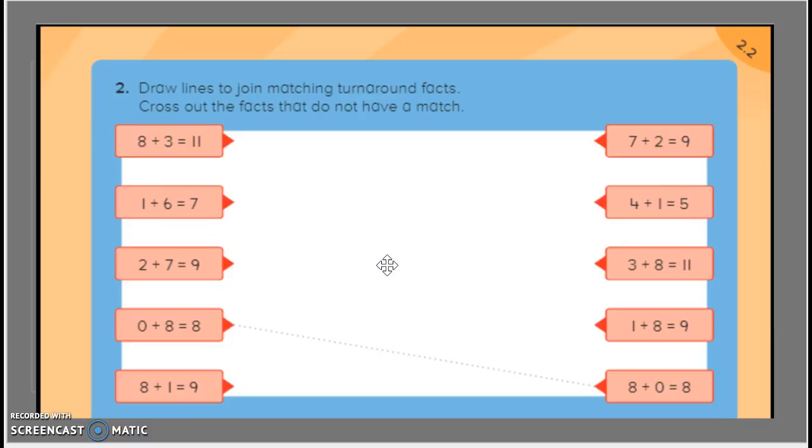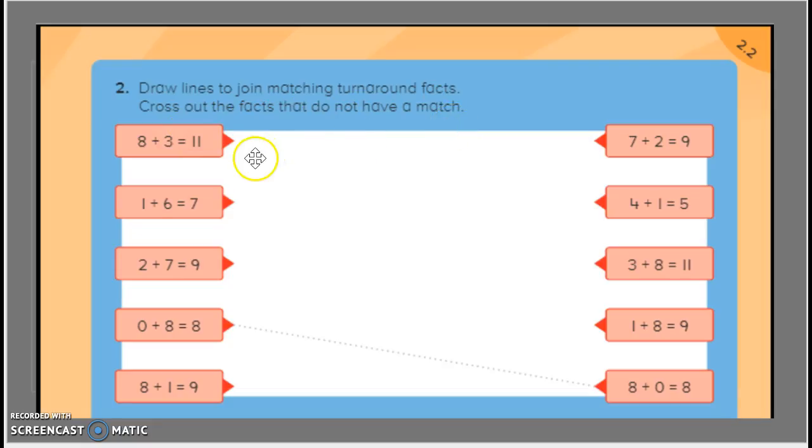At the top of page 35, you will be matching the left side of these addition equations to one matching on the right side. The directions say, draw lines to join matching turnaround facts. Cross out the facts that do not have a match.